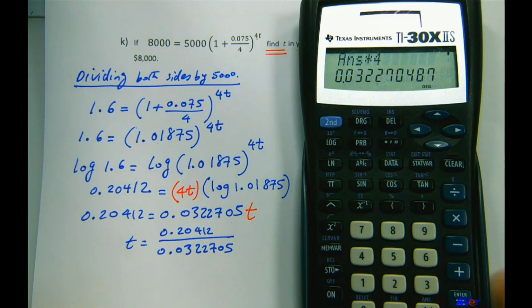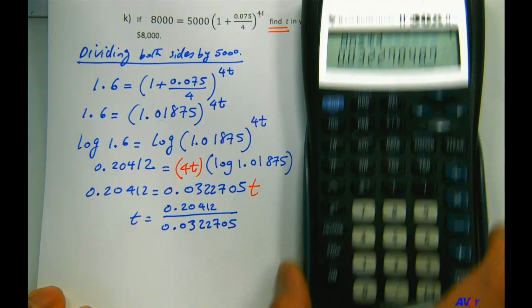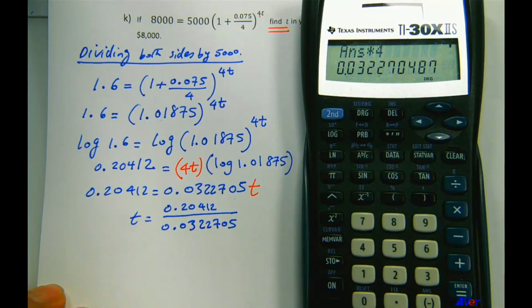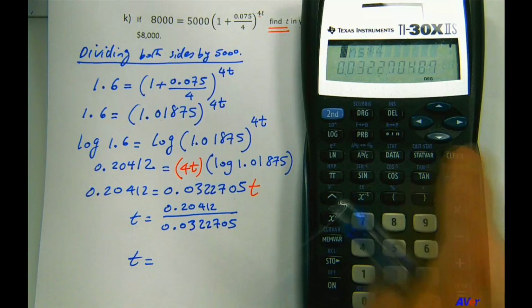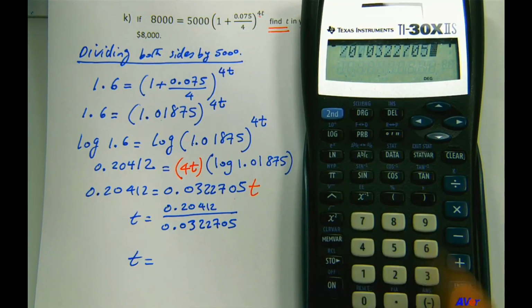Right? And now let's punch that into the calculator. 0.20412 divided by 0.0322705, and that's what we get.